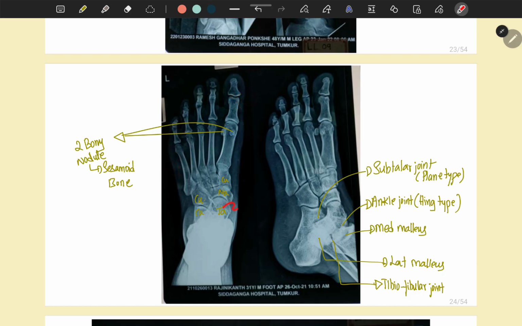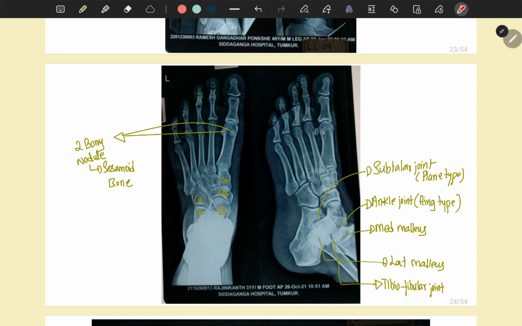Here on the medial side you can see the talus bone. Here you can see the calcaneum. This is AP, and in front of the talus you can see the navicular bone. In front of that you can see the medial, intermediate and lateral cuneiform. And here you can see the calcaneum lateral side, and this is the cuboid in front of the calcaneum.